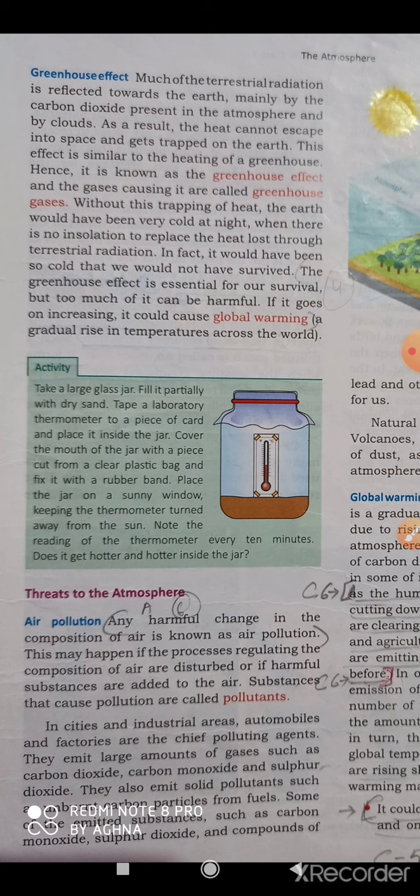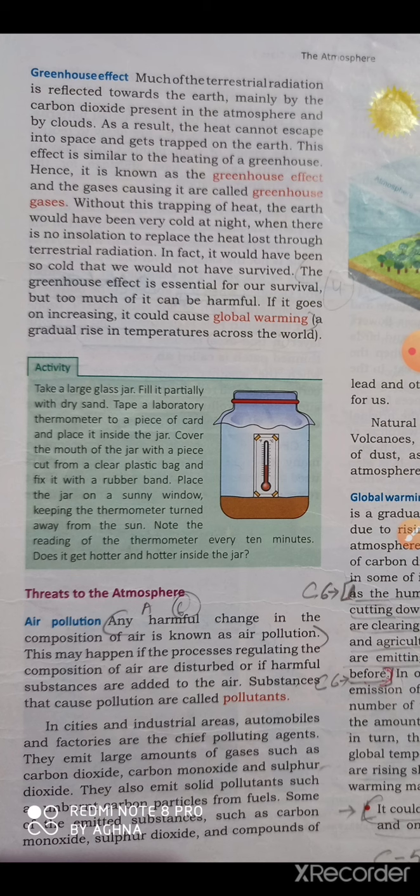If this trapping did not happen, the earth would be cold at night, as there would be no insulation to replace the heat lost through terrestrial radiation. So trapping of heat is necessary. The greenhouse effect is essential for our survival, but too much of it can be harmful. If it goes on increasing, it can cause global warming, and we will discuss global warming in the next heading.